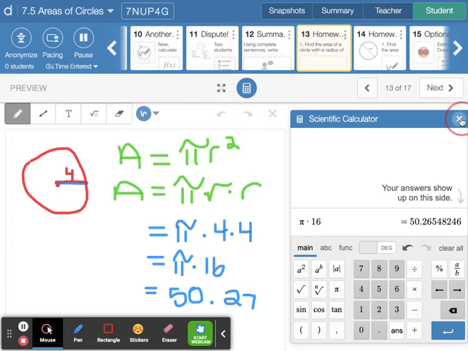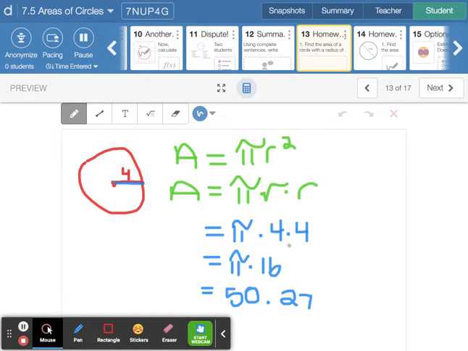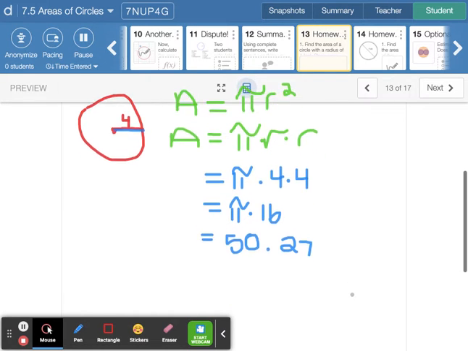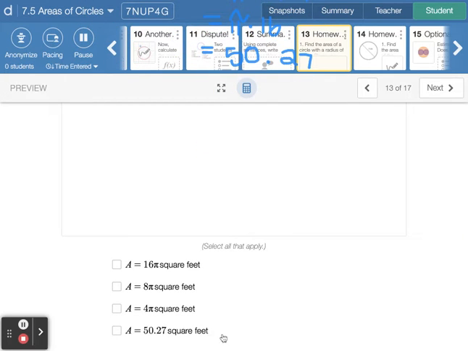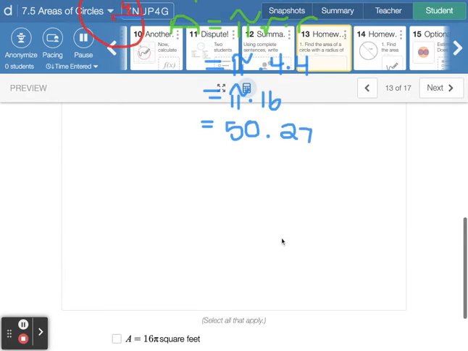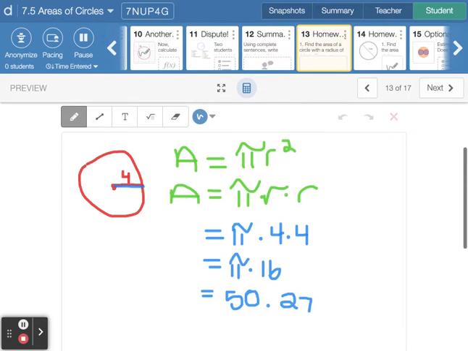All right, so that was our first part. We showed our work. You can show it here or in your notes, either way. Then we're going to scroll down and click the correct answers. So when I scroll down, I know that I have one answer here, the 50.27, but there's another correct answer. I want you to notice if we scroll up a little bit, right here, I have 16 times pi because it's that 4 squared.